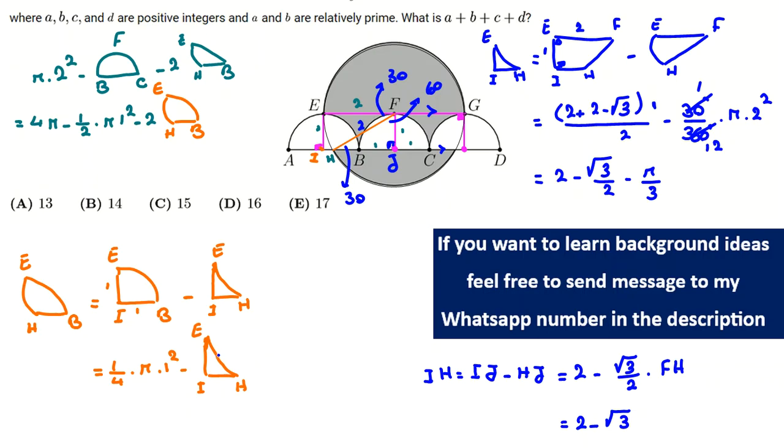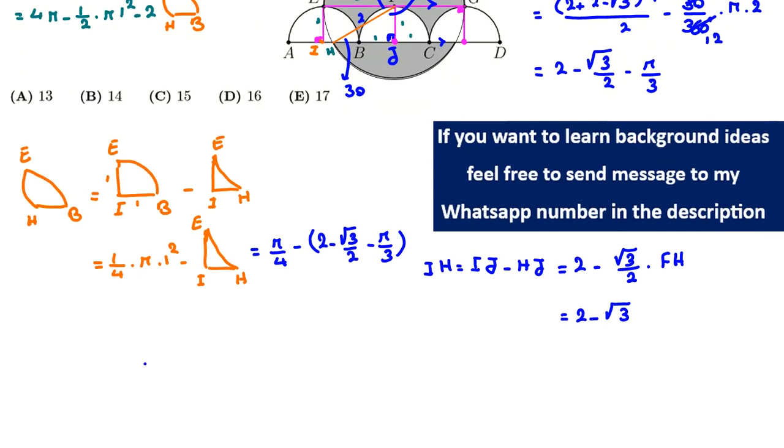Now we can replace. We can find EHP, then we can solve the problem. So here it's pi times 1 squared, pi over 4, minus this part, which will be minus 2 minus root 3 over 2 minus pi over 3. So we can simplify this.